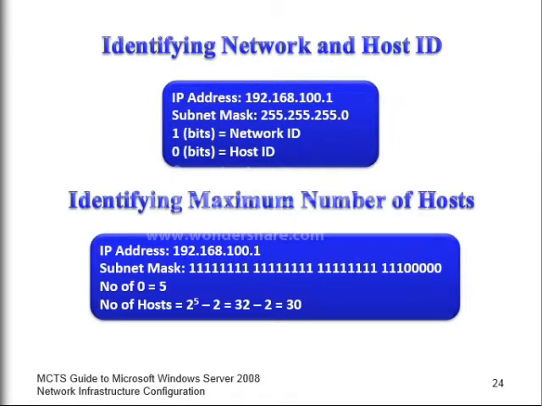With these 3 bits, it is possible to create 8 subnets. That means you use 2 raised to the number of bits you took to create subnets, in this case 3, which gives you a total of 8. The total of 8 means the subnets.